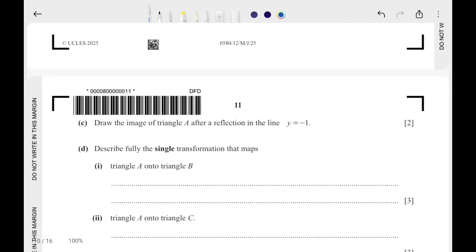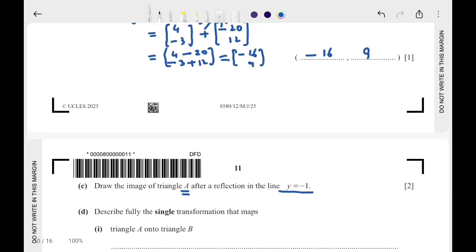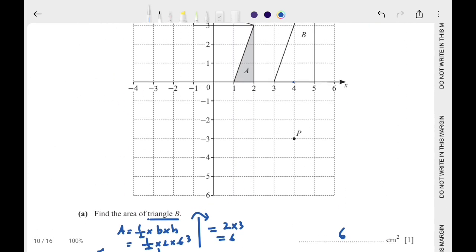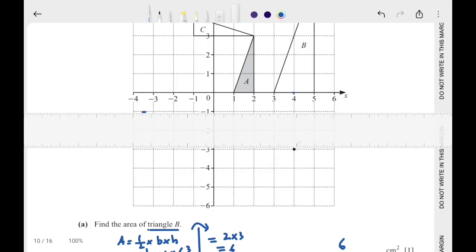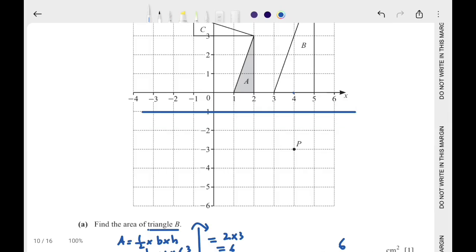Next question. Draw the image of triangle A after reflection in the line y equals -1. So y = -1 is the line of symmetry, and let me draw it. And we have to reflect object A. One box from here and one box from here, it will be marked here.